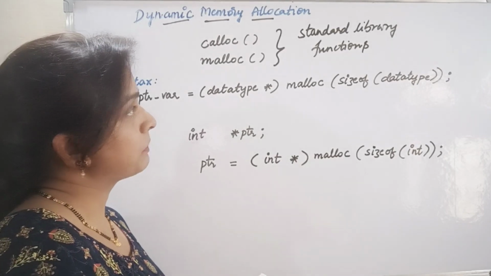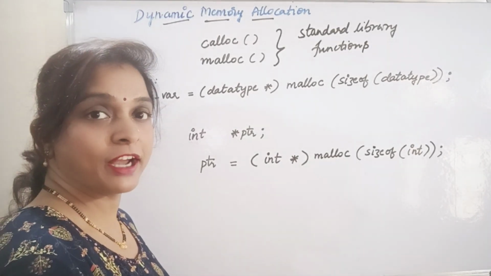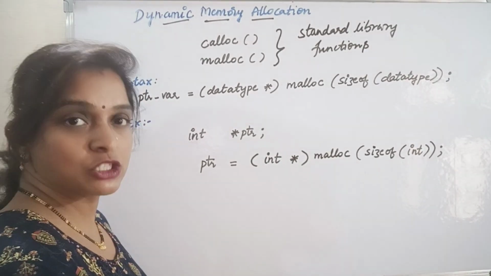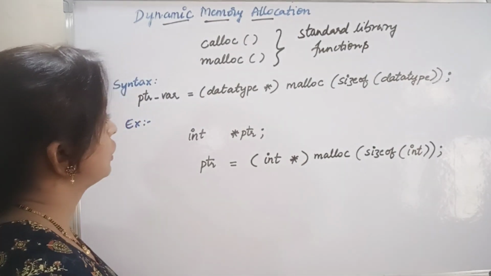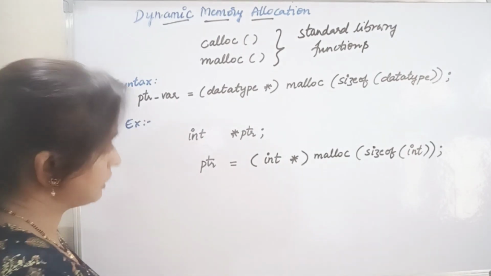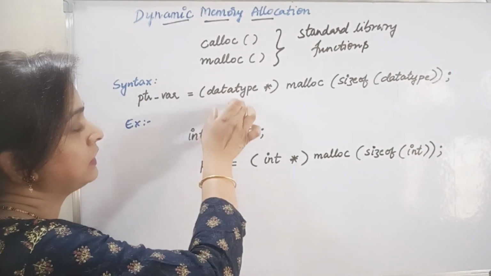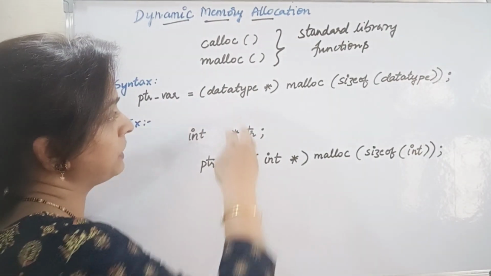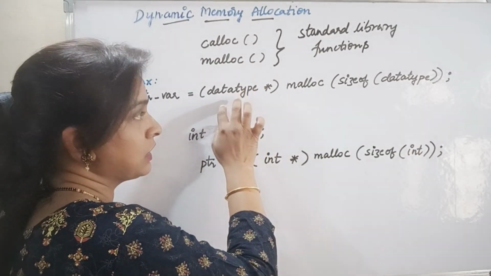These two standard library functions, calloc and malloc, help to allocate the memory dynamically, that is to allocate the memory during runtime. How to use this? The syntax is like this. We have to make use of a pointer variable. Data type asterisk means a pointer to that data type.